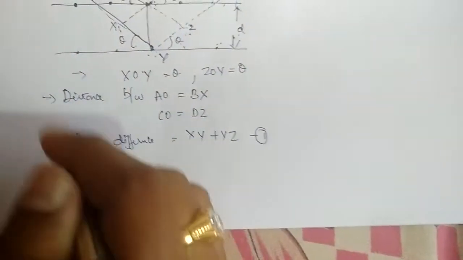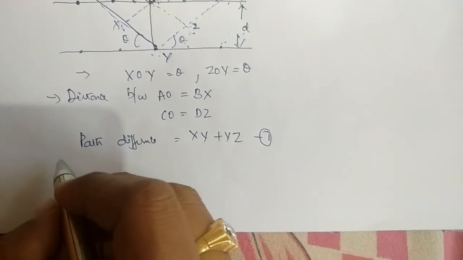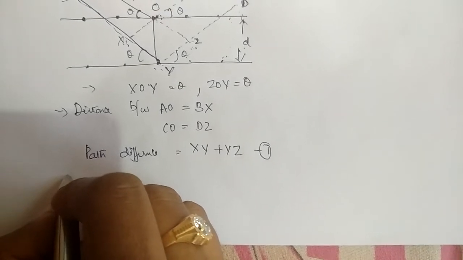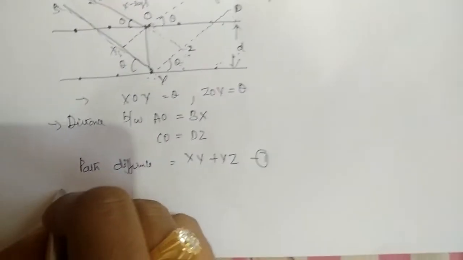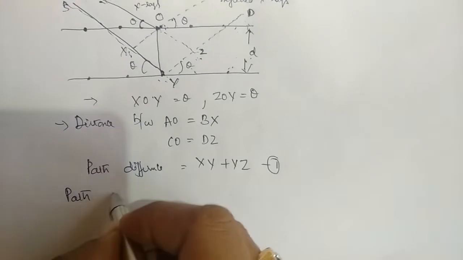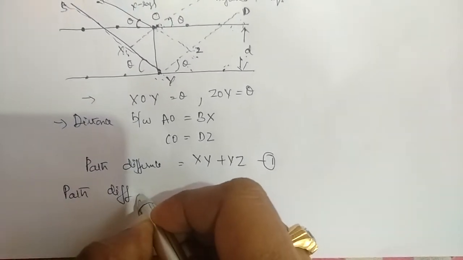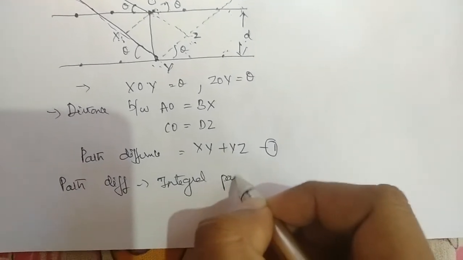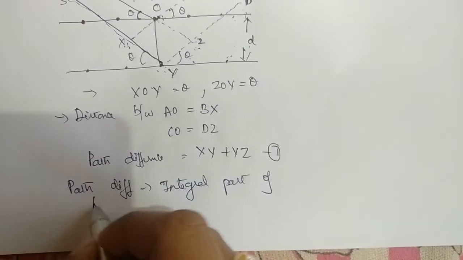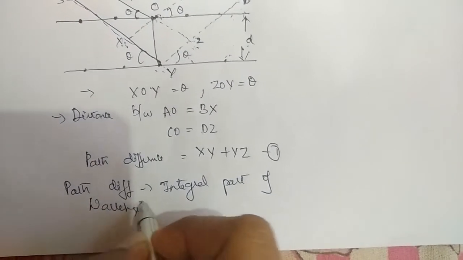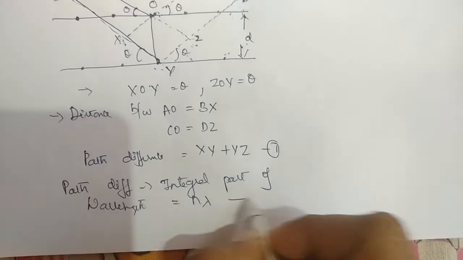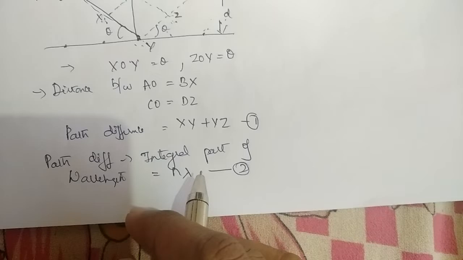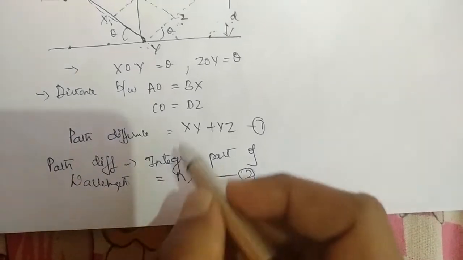Path difference is defined as the integral part of the wavelength, that is n lambda. I will take this as equation 2. Therefore, by comparing them, you know that one.